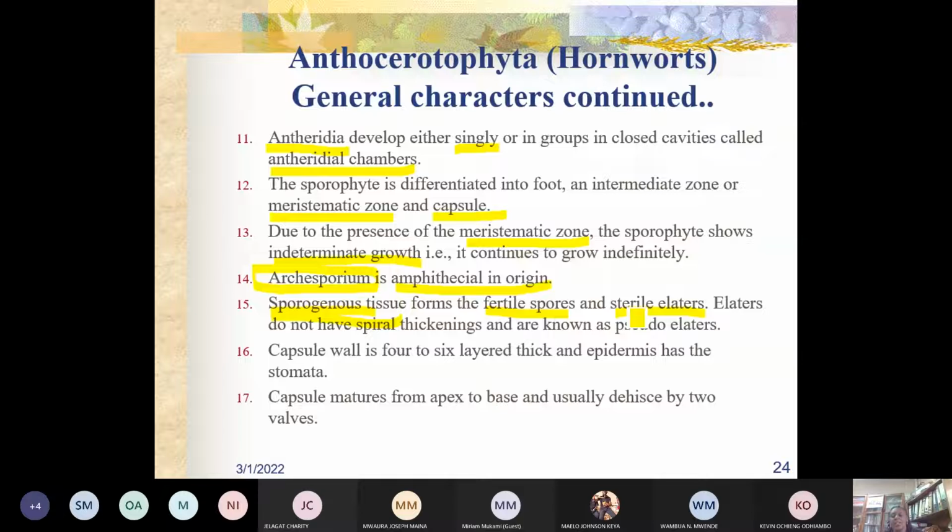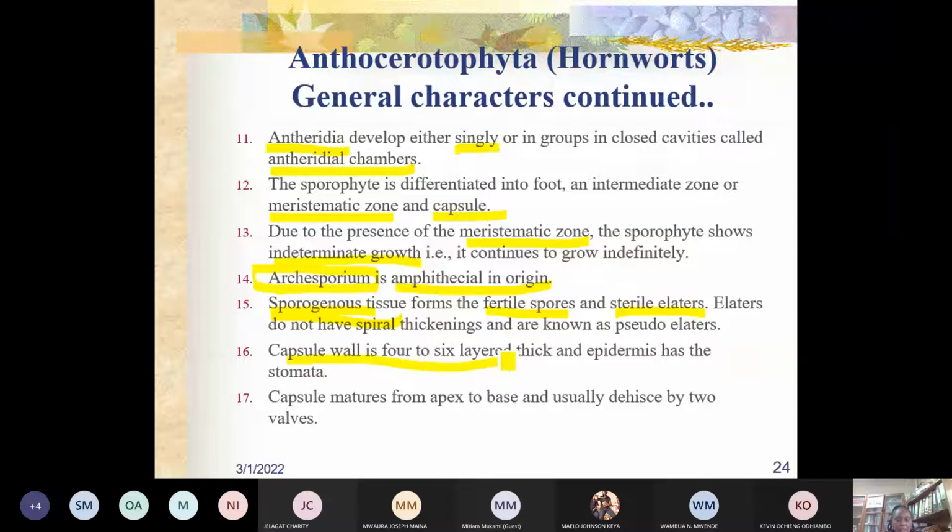Remember what elaters were for? Elaters are those that push out the spores when they are ready. So we have the sporogenous tissue that forms the fertile spores, and then the sterile elaters. Now, the capsule wall has various layers.